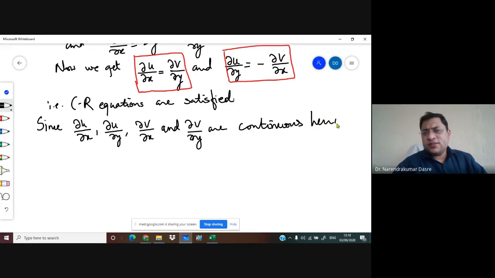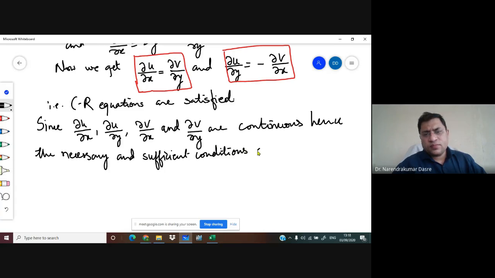Hence, the necessary and sufficient conditions are satisfied.